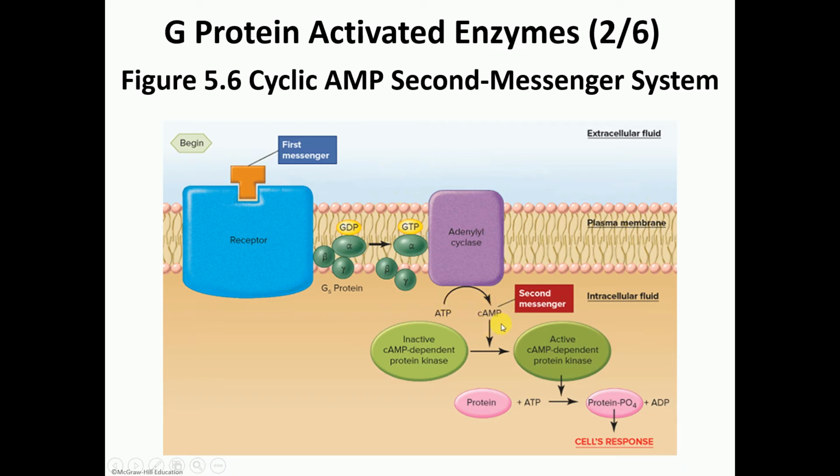The cAMP is now your second messenger. cAMP is going to activate other proteins, and that will lead to your cell response. So again, that little domino effect or cascade of events happens once you've started the activation. cAMP again is your second messenger in the scenario.